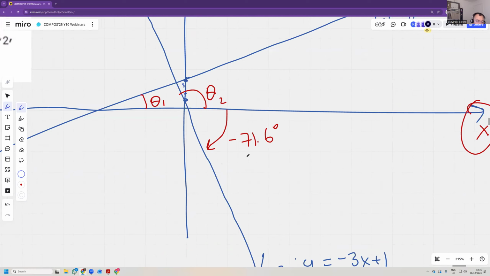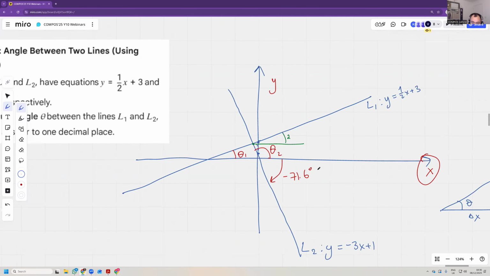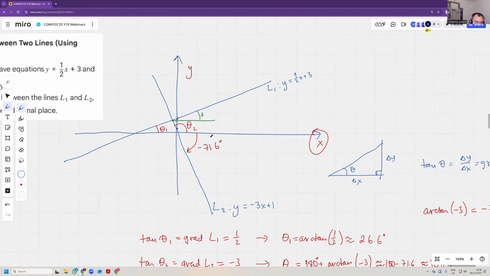Well, it gets very obvious if you draw a line here. You know that this angle is 26.6 degrees, and we know that this angle is 71.6 without the minus.